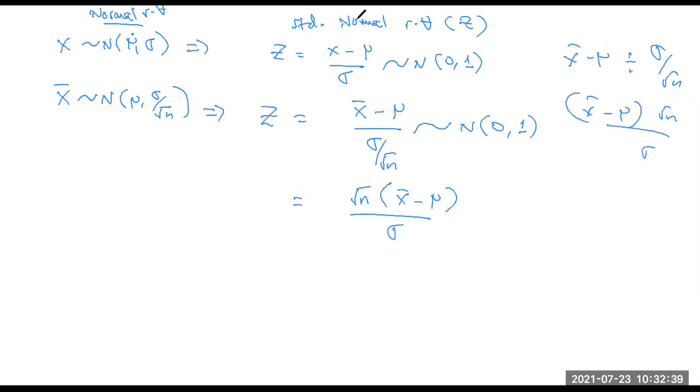That's when you simplify. So that is the standard normal random variable corresponding to the sample mean. That's what the central limit theorem is telling us.